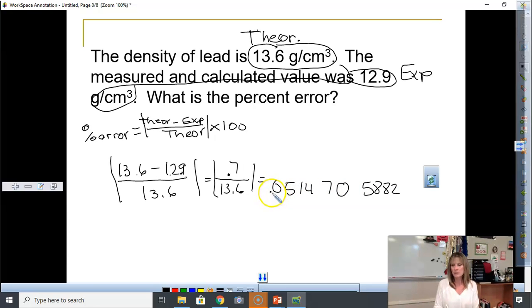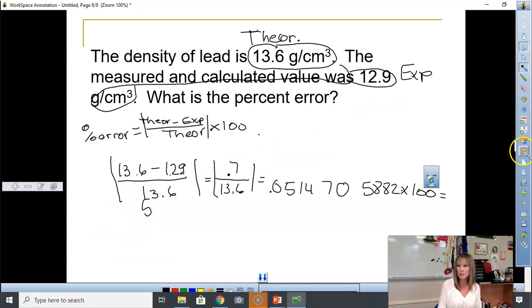Let's see. Oh, we can't do that yet. We're not done. That's not my final answer, is it? My final answer is after I do times 100. So times 100. So let's see what that gives me. It gives me 5.147058882.